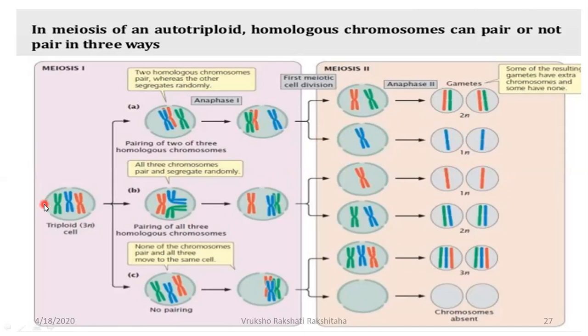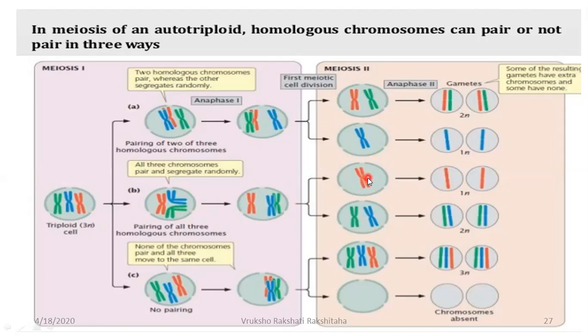Now let us look into the second possible phenomenon. All three chromosomes may be involved in the pairing. Here also the segregation of these three chromosomes takes place at random. Out of these three, two may move to one daughter cell and one may move to the other daughter cell.